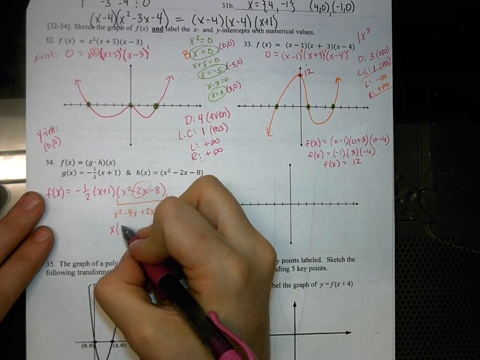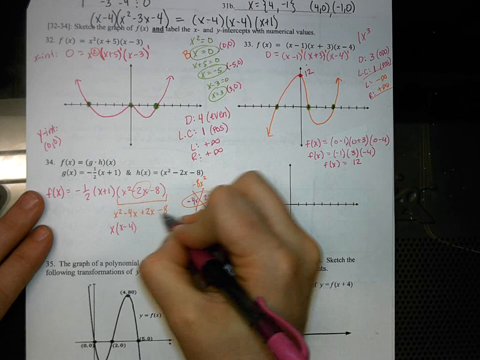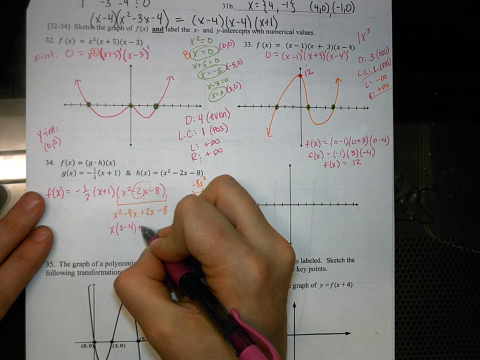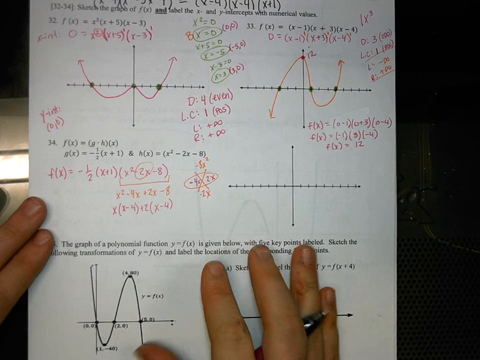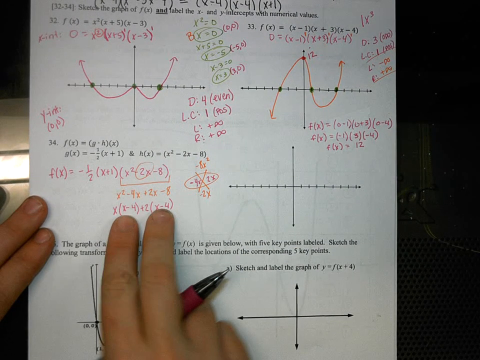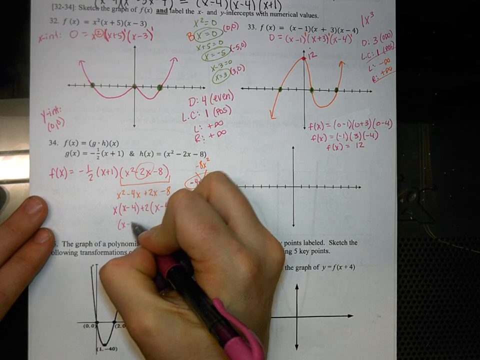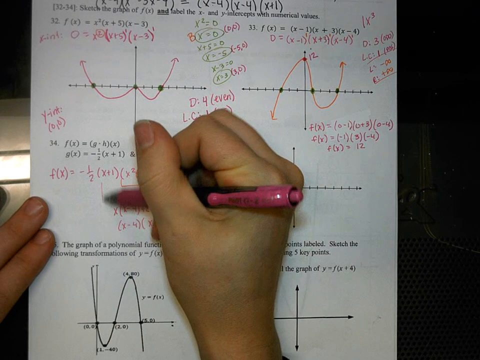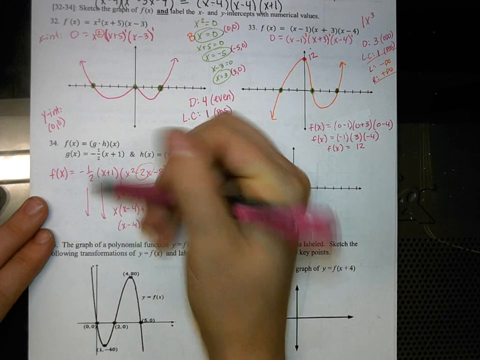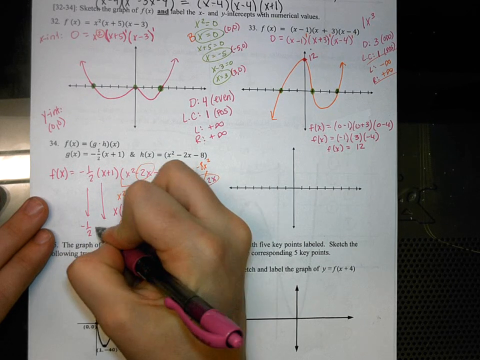On the right-hand side, my greatest common factor is +2, and I'm left with x minus 4. Out of these two terms, my greatest common factor is x minus 4, and I'm left with x plus 2. Bring everything else down. -1/2 is a factor. X plus 1 is a factor.